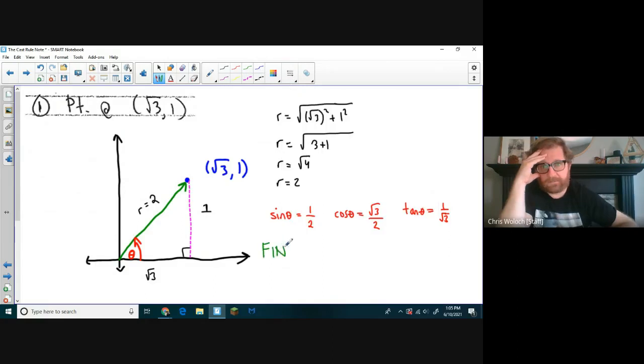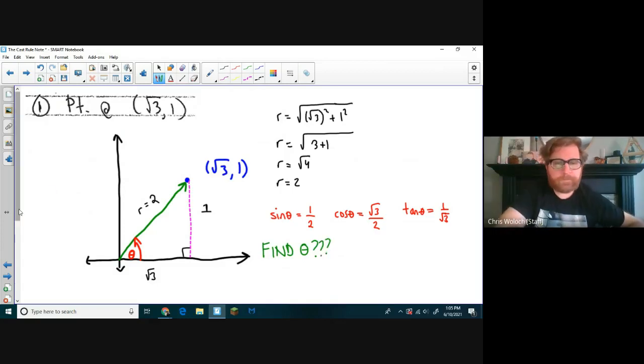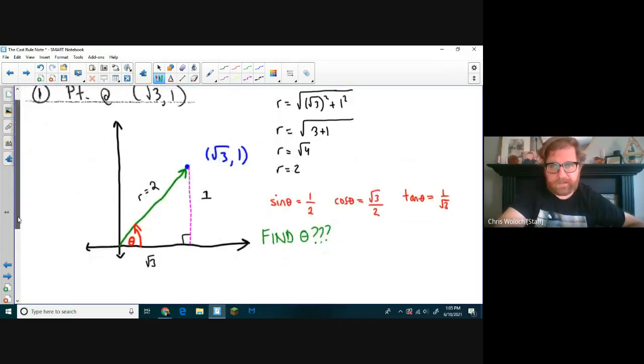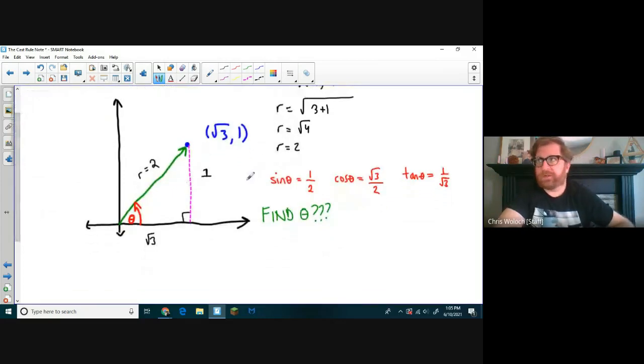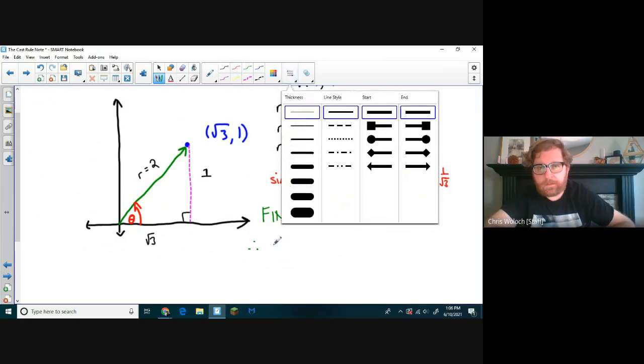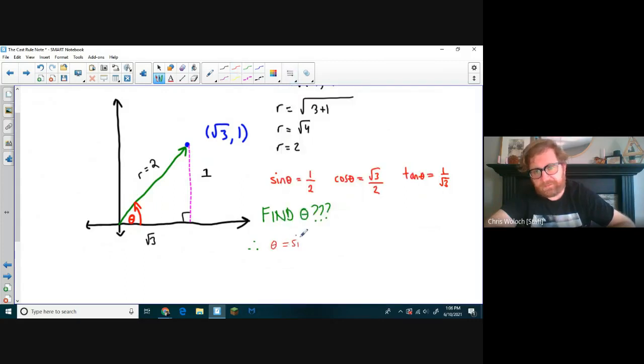And then the next thing we would do is ask, how do I find theta? The way I would find theta is using one of those ratios. So we do theta equals sine inverse of 1/2.